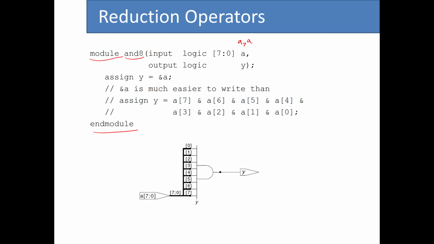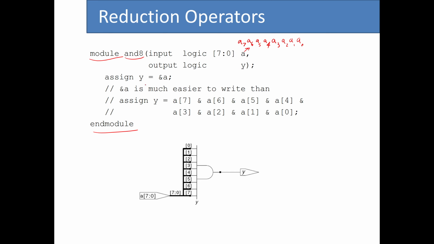So A7, A6, A5, A4, A3, A2, A1, and A0. This is the value for A. But the output here is only 1 bit, and the reason is that we haven't specified a size at all.